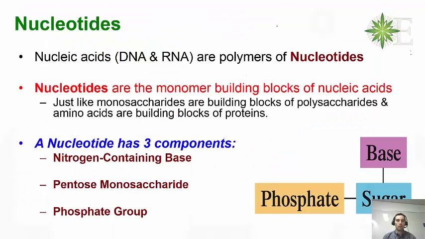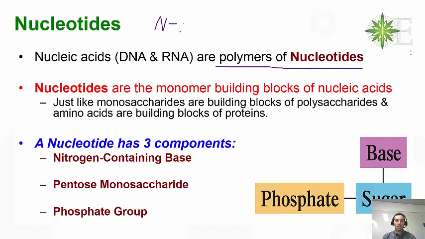Alright, so here are our nucleotides. So remembering back to what we've already talked about, what is a nucleotide? Basically, a nucleotide is the smallest unit of our nucleic acid, meaning it's the smallest unit of our DNA and RNA. So nucleotides attach together to form our nucleic acids. So for that reason, we can say that our nucleic acids are polymers of nucleotides.